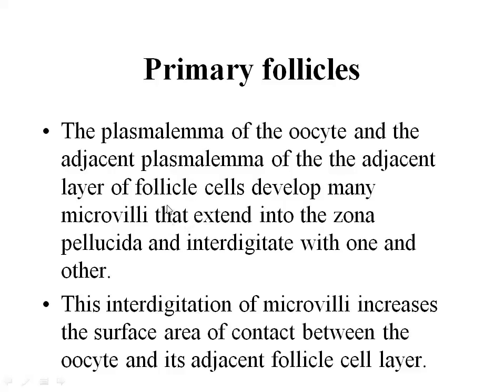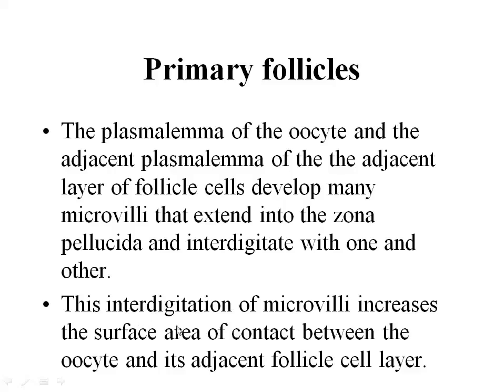So what happens is that follicular cells produce microvilli extending to the central portions of the primary follicle towards the oocyte, and this glycoprotein layer gets connected with these follicular cell microvilli, and they form the connection between them.